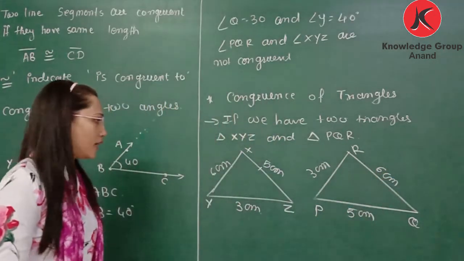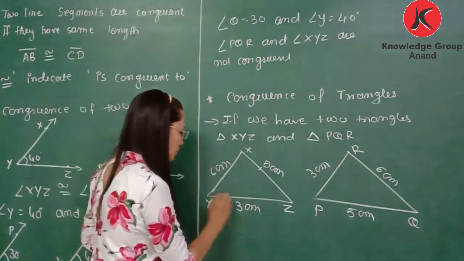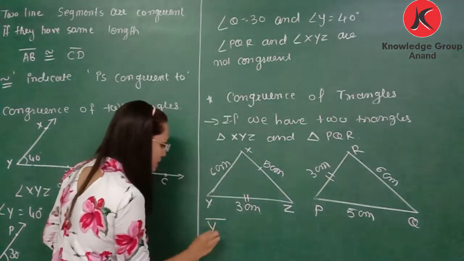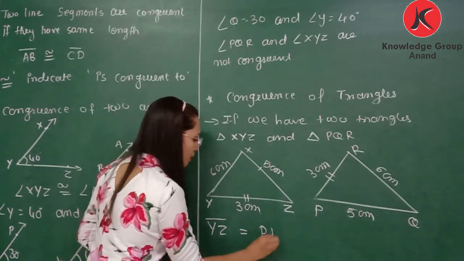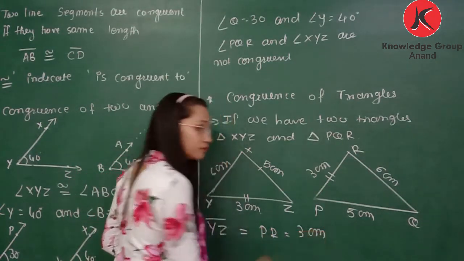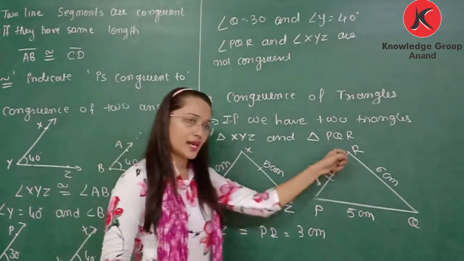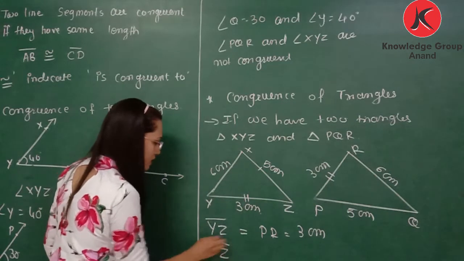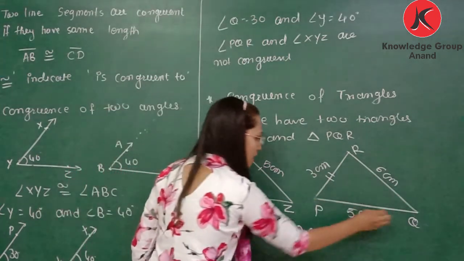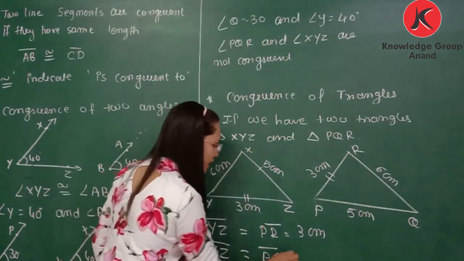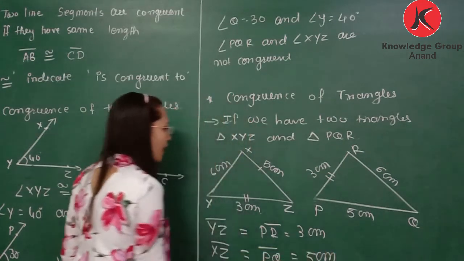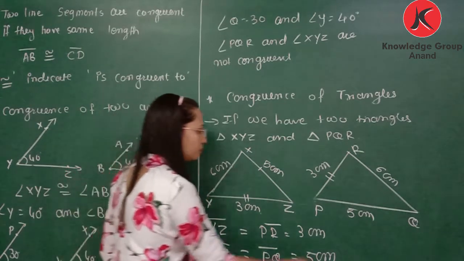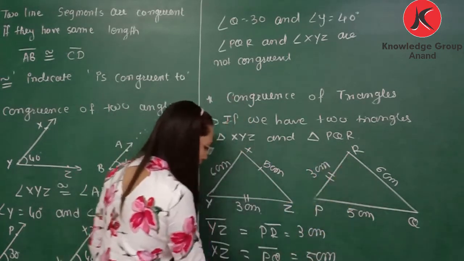And if we take that, YZ is equal to PR, that is 3 centimeters, because this length and this length are the same. Now consider XZ. Here XZ is equal to which line segment? PQ. That is 5 centimeters. And XY is equal to RQ.